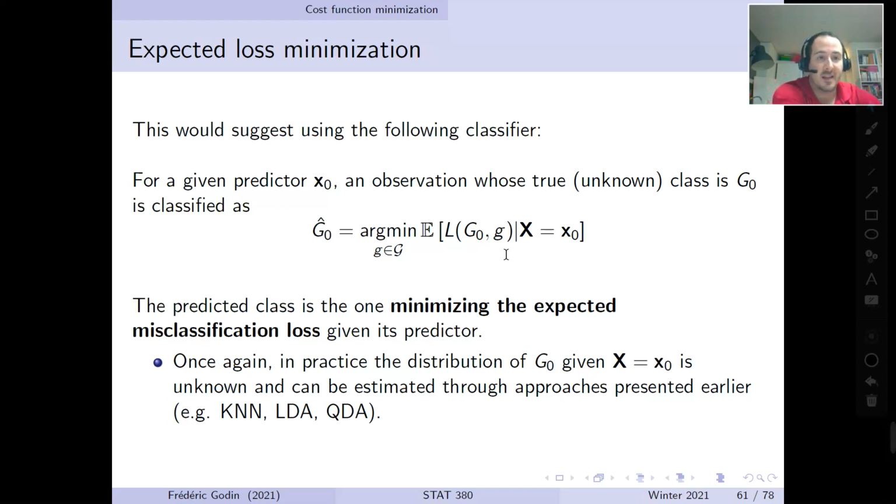So instead of minimizing the probability of classification error, we could use an alternative criterion, which is to minimize the expected misclassification loss. This expected loss can be simply represented as the sum across all types of misclassifications of the misclassification's cost times the probability of having each respective type of misclassification.